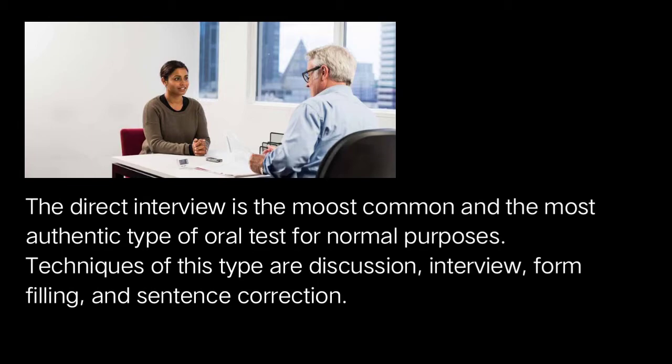4. The direct interview test. The direct interview test is the most common and the most authentic type of oral test. Techniques of this type are discussion, interview, form filling, and sentence correction. 5. Mechanical predictable test.